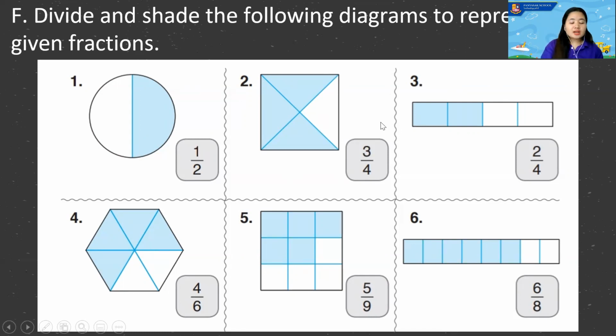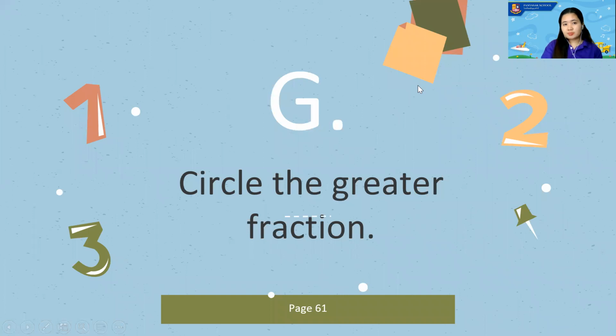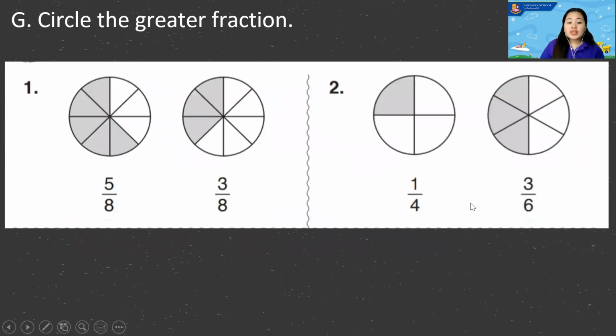So let's go now to the next letter, letter G. In letter G, we have to compare fractions. So how to compare? Okay, let's see. This is page 61. We have to circle the greater fraction, the biggest.